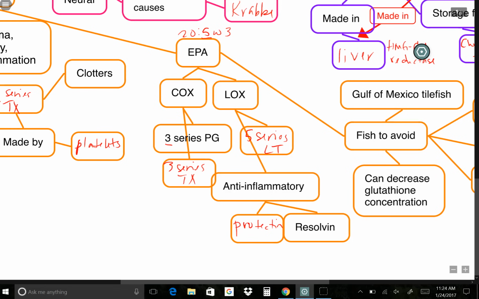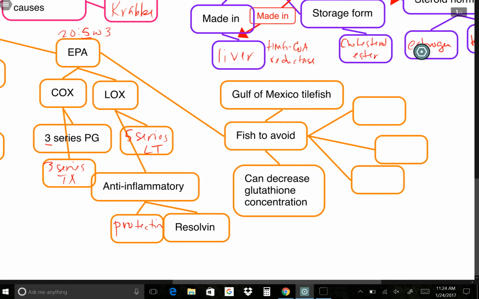Now, EPA, of course, is found in high concentration with DHA in a lot of fish. So with this, there are some fish to avoid, like tilefish from the Gulf of Mexico, shark, swordfish, and king mackerel.